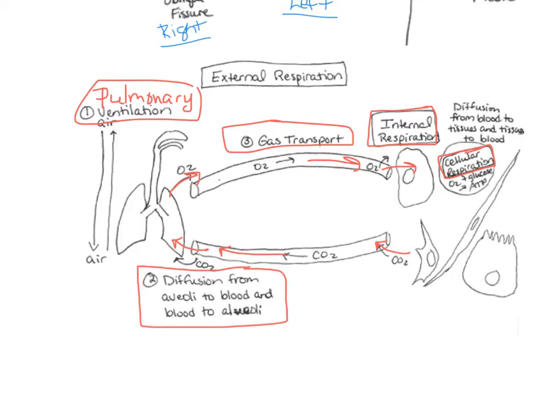How does that cell use oxygen along with glucose to produce ATP? So we're going to spend time today talking about pulmonary ventilation and diffusion, and gas transport we'll save for Thursday.